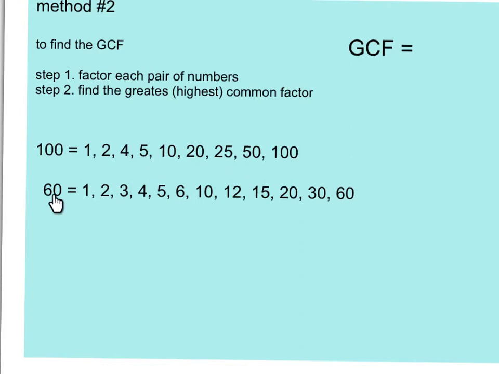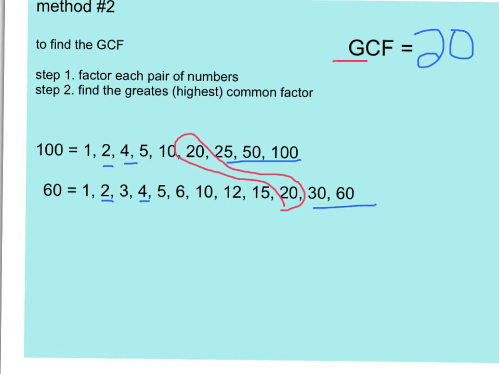The factors for 60 are 1 times 60, 2 times 30, and so on. And what we're going to do is circle the greatest one. So if I look here, I see that 20 is the biggest number they have in common. Now, they do have other numbers in common, but we want the largest one. So the greatest common factor here is 20. After that, they do not have anything in common.